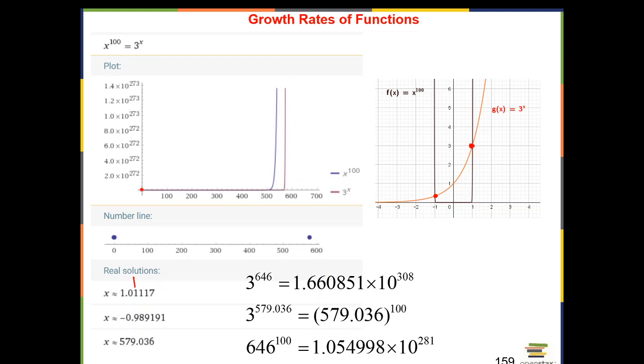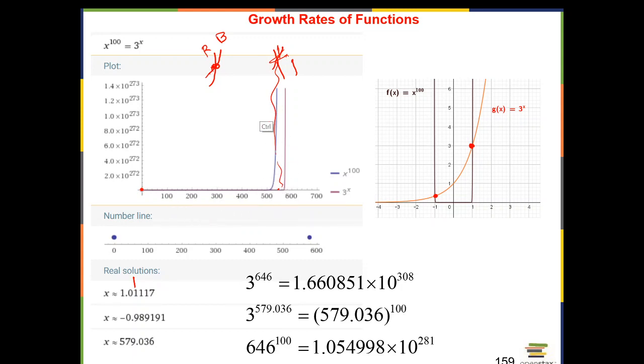And then basically the red one catches up. The red one is going to go that way, and the blue one is going to be like that. Eventually, after 579. So this point of intersection happens when x is 579, way over there.